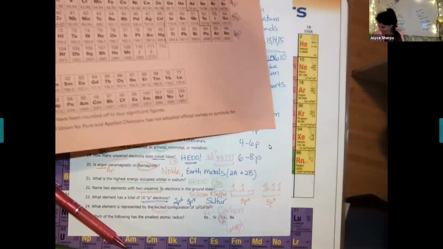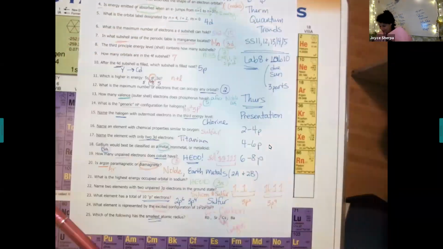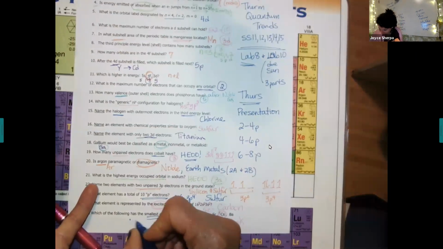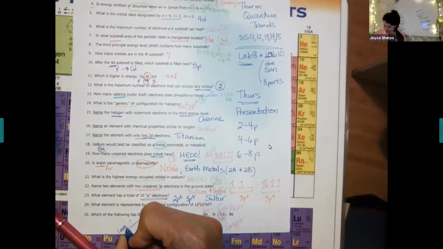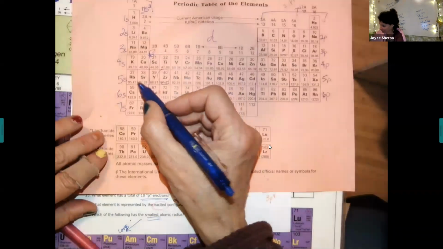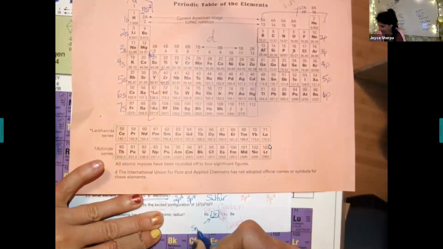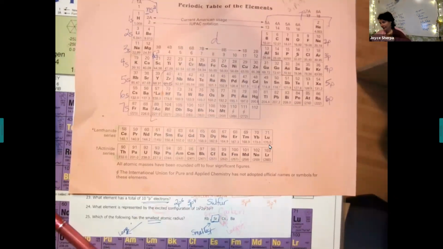I caught my mistake for a change. And so the smallest, as you go down to that lower corner, they get larger. So the upper corner would be the smallest. So it must have been strontium. That's the smallest. Higher up means fewer shells, and the more to the right, the higher the nuclear charge.